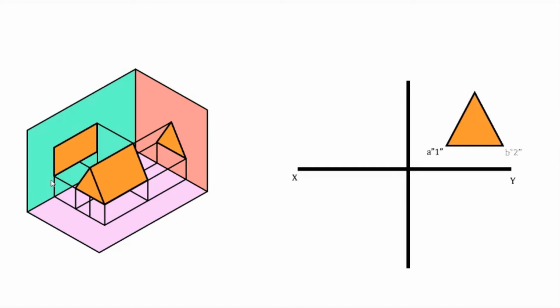Then the side view is named accordingly: A double dash 1 double dash, B double dash 2 double dash, C double dash 3 double dash. In each of these three corners, it represents actually an edge of the prism, an edge whose length is equal to the length of the axis. So it is represented as a point in the side view. That is why there are two different points at each corner.